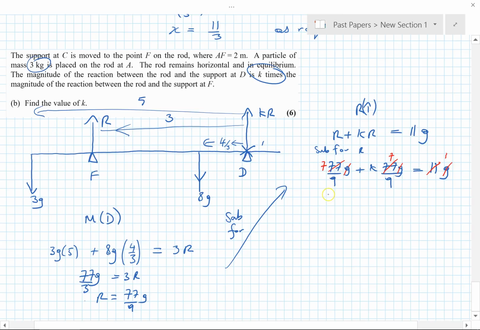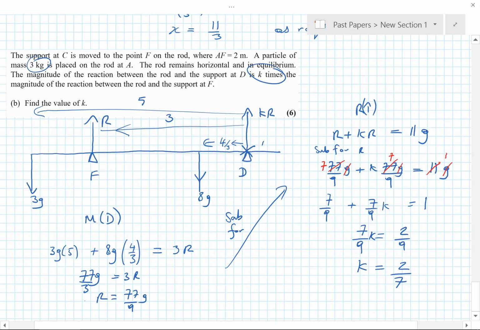So tidying that up a bit, 7 over 9 plus 7 over 9k equals 1. So 7 over 9k is equal to 1 minus 7 over 9, which is equal to 2 over 9. So there's a k there, 2 over 9. So that gives us k is equal to 2 over 7.